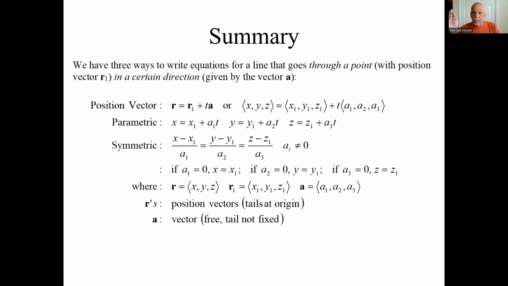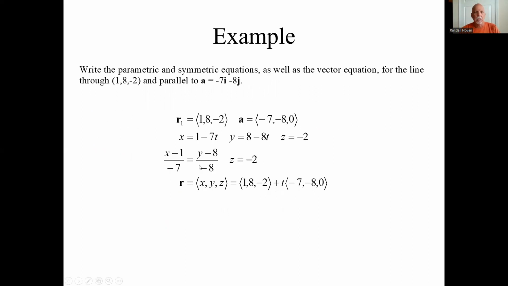Position vectors, their tails are attached at the origin. A is free floating. So here's an example to get all 3. Write all 3 forms for the line through this point, and parallel to this given vector.